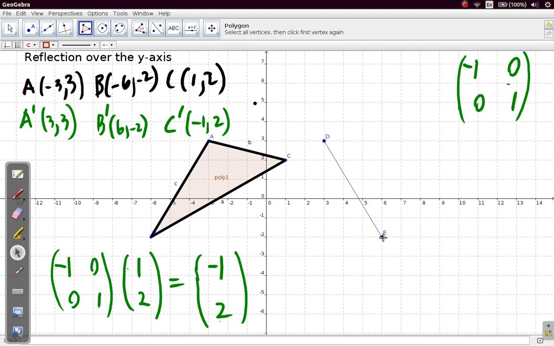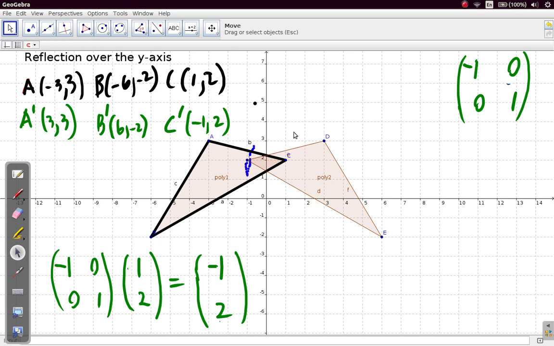Okay, and then we have negative 1, 2. So we close the triangle. We need to move this point. Okay, good. Negative 1, 2 is right there. Nice.